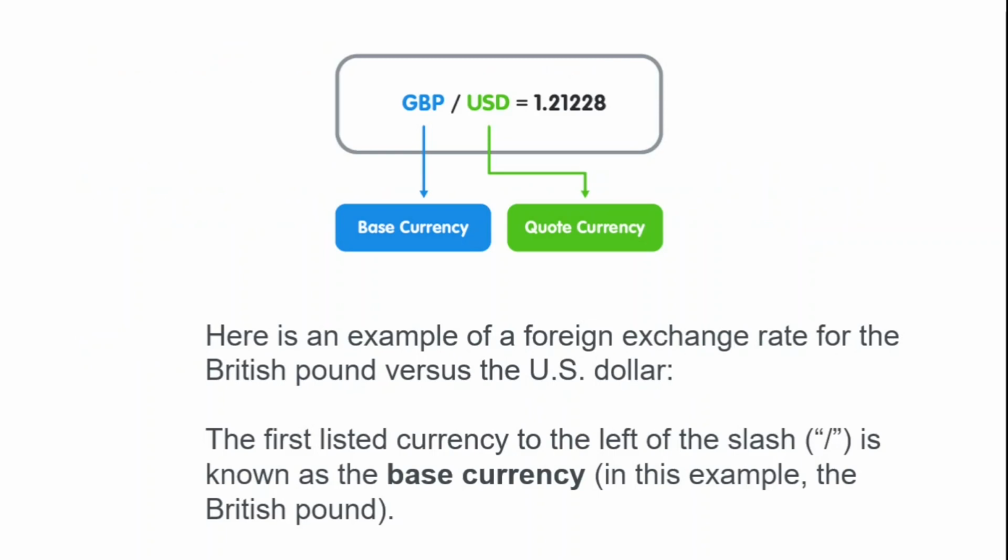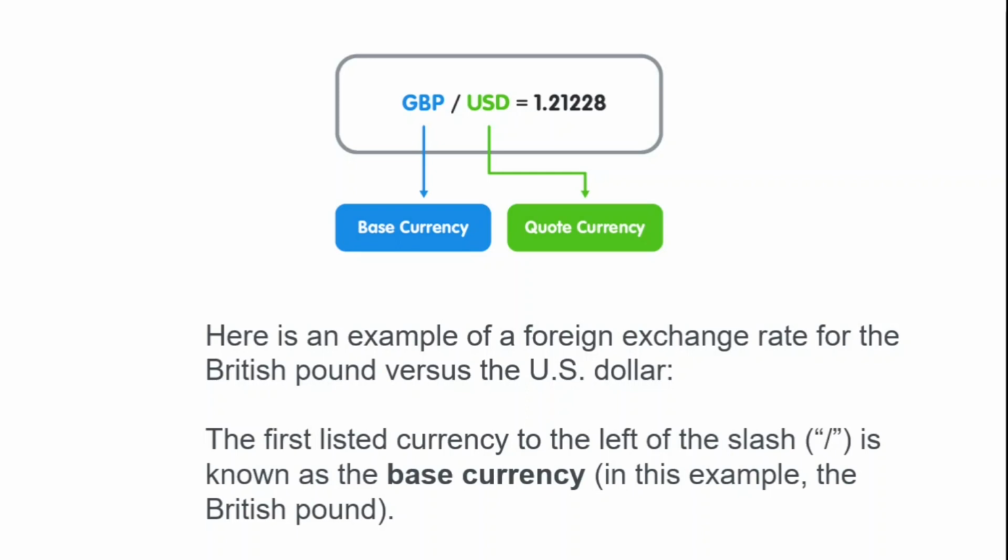Here is an example of the British pound with a US dollar. So a quote, the first one is always called the base currency. Then the second one is called the quote currency. In this case, USD is our quote currency, pound is our base currency.